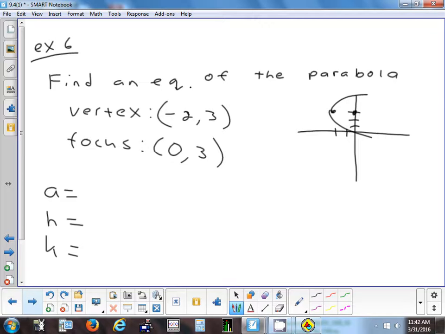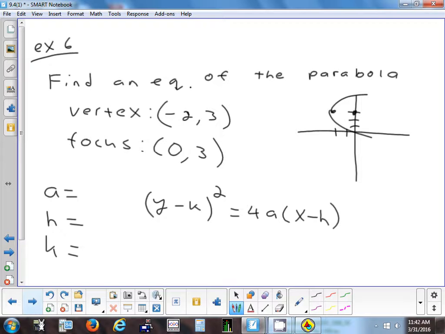Now I'm going to look up my formula for parabola opening right. What's the formula for parabola opening right? Y minus k squared equals 4a parentheses x minus h. Okay, so we need to identify a, h, and k.